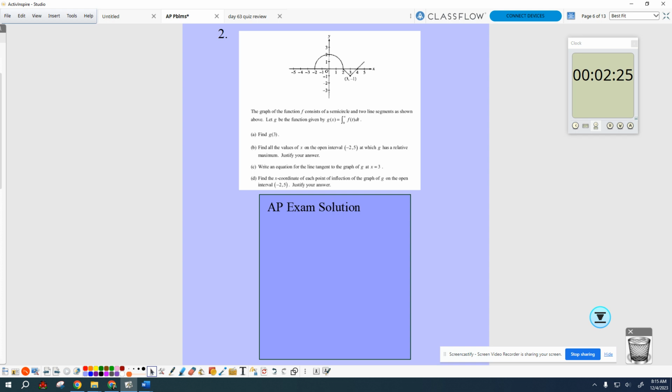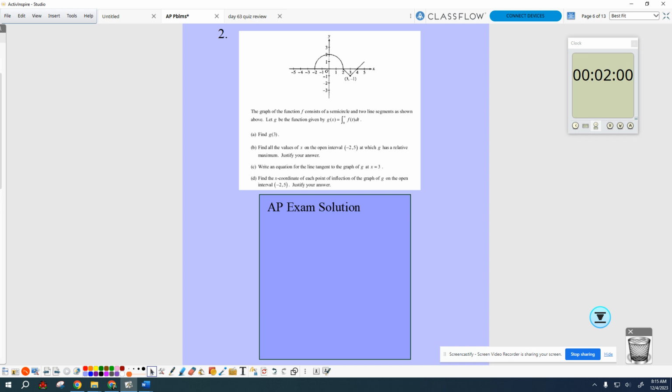Oh, but the double derivative is just the derivative of this one. So like g of x is just f of t, right? Or f of s. And then the double derivative. Wait, this is true, right? Yeah, it's true. Okay, so then we can do this.